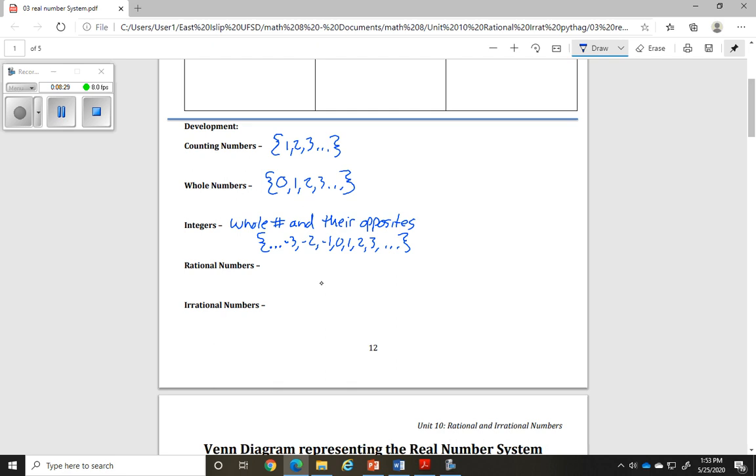Rational numbers, we can't really write in set notation because there are so many in-betweens, but we can say it can be written as a simple fraction. Let's also write down what we see in its decimal form. The decimal form is terminating or repeating decimals.